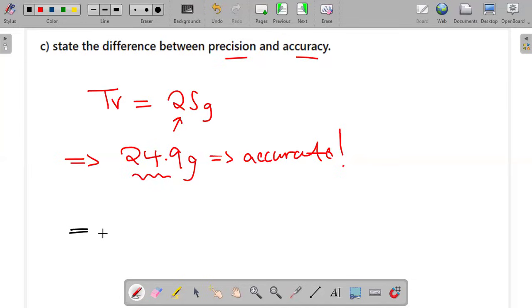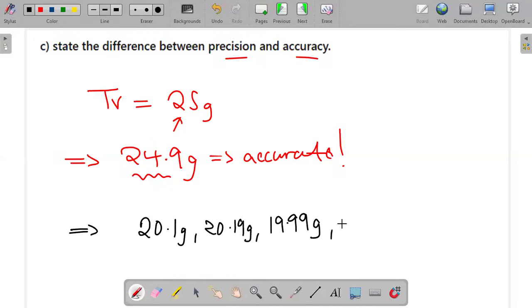So for example, if I did maybe 5 measurements of this 25 gram, then I find maybe 20.1 gram, 20.19 gram, 19.99 gram, maybe another one is 20.05 gram.